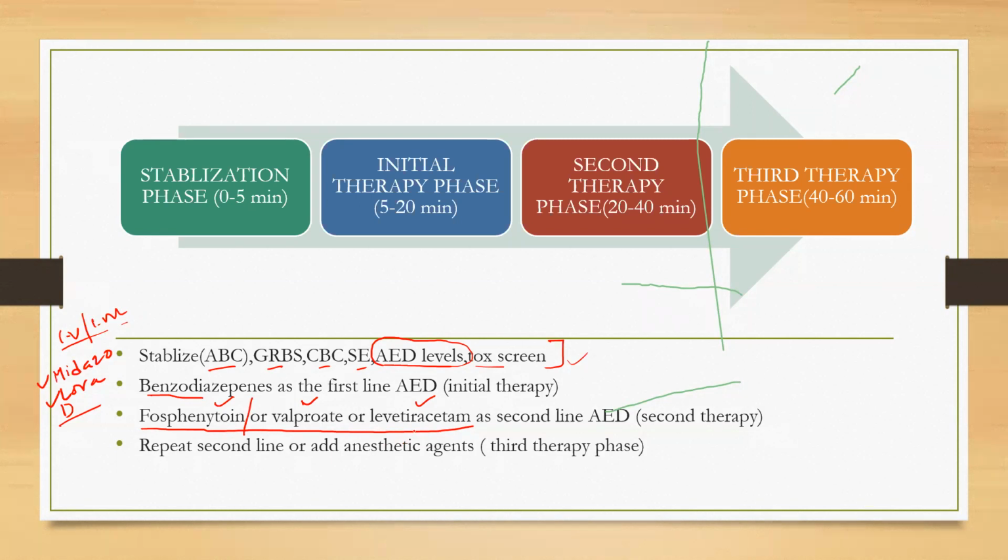So you start either of these as the first-line anti-epileptic agent. This is the second therapy, because it follows the benzodiazepine. Even after this stage, if the seizures are still persisting, then you have to either use another agent of these first-line agents, or we can directly go into midazolam infusion.